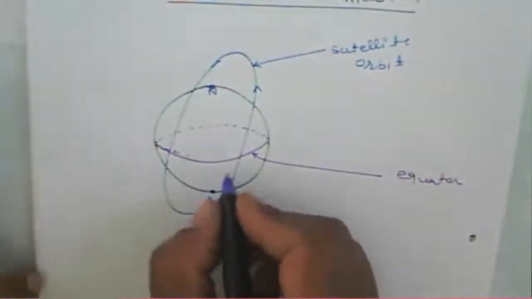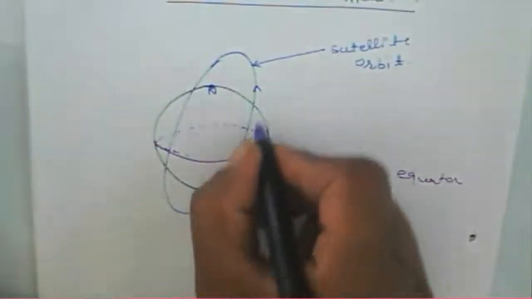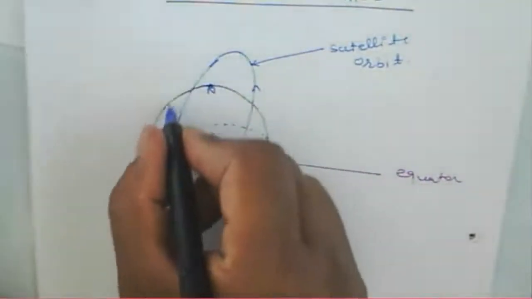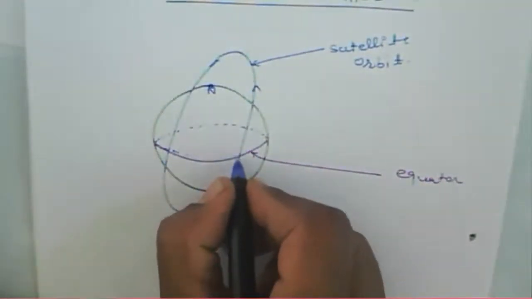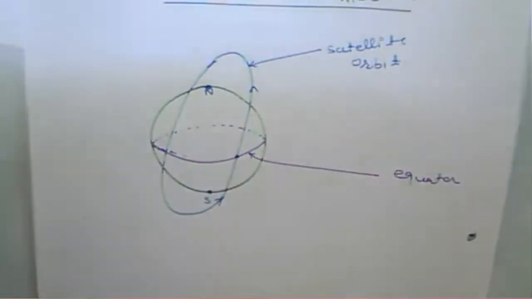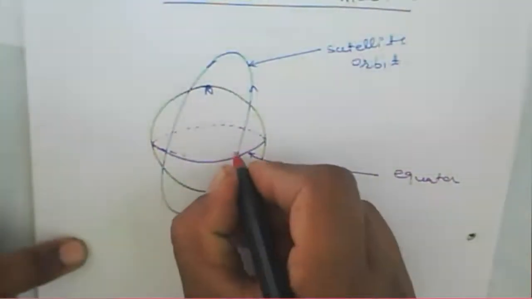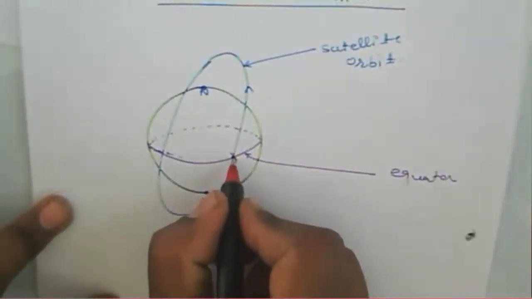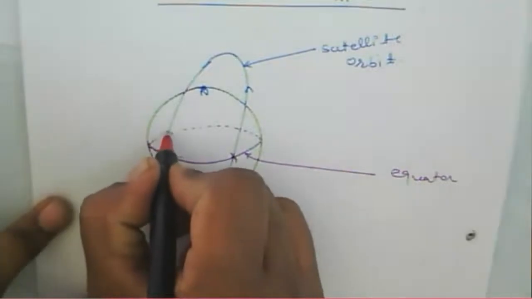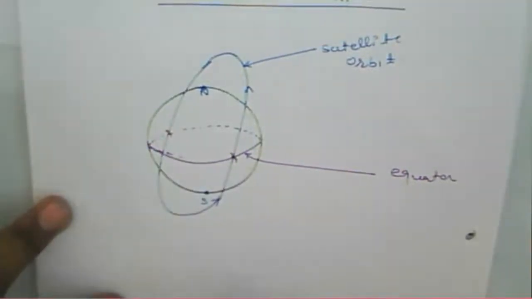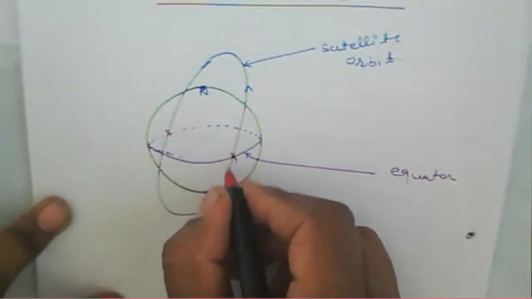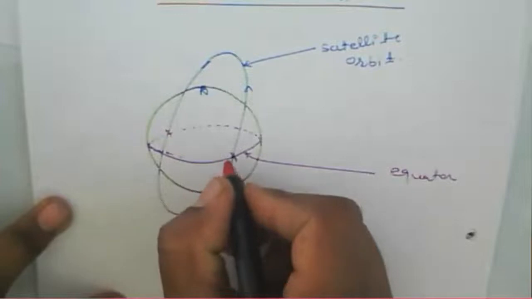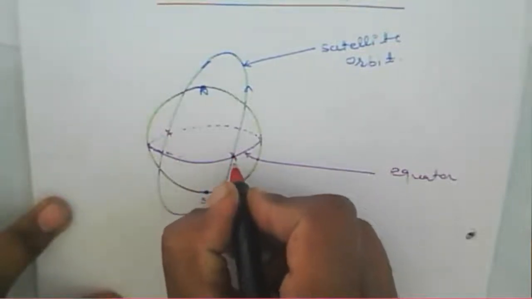At the point where the satellite orbit crosses the equator going from south to north, there is an intersection.